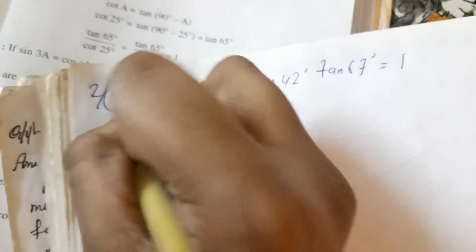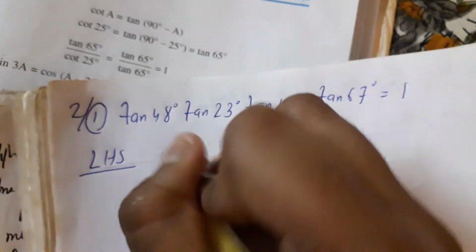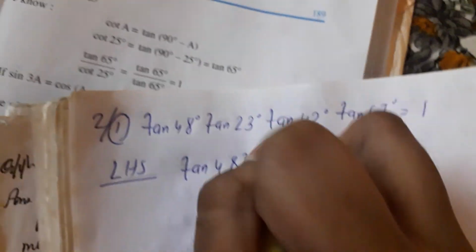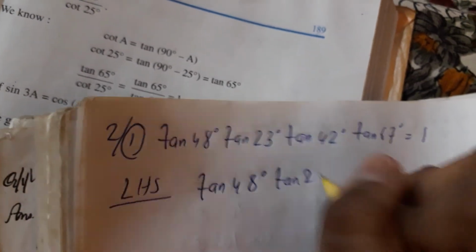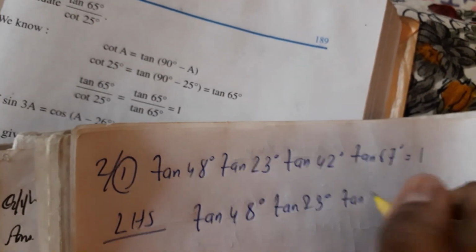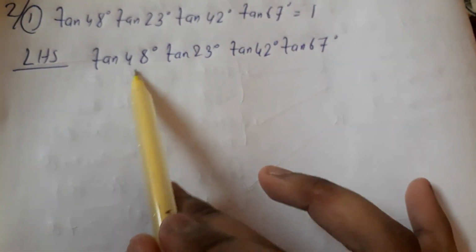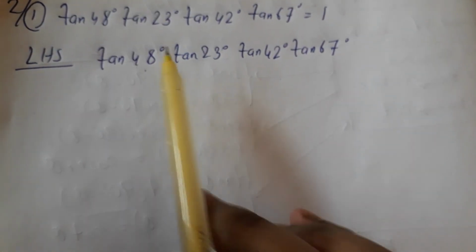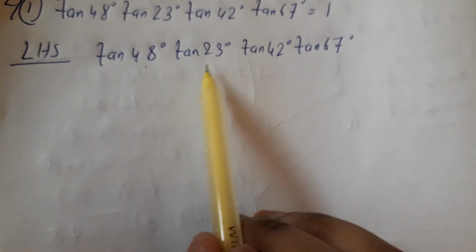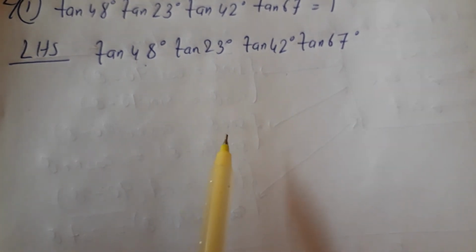First you have to take the left hand side, that is tan 48 degree, tan 23 degree, tan 42 degree, tan 67 degree. Now see, complement means we know 90 degree. By adding 48 and 42 we will get 90, and 23 plus 67 is equal to 90. So you have to arrange it.